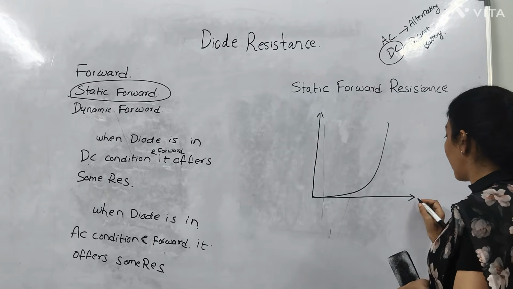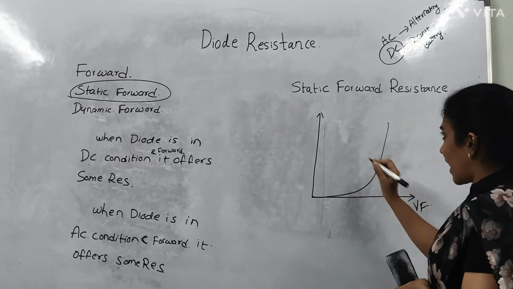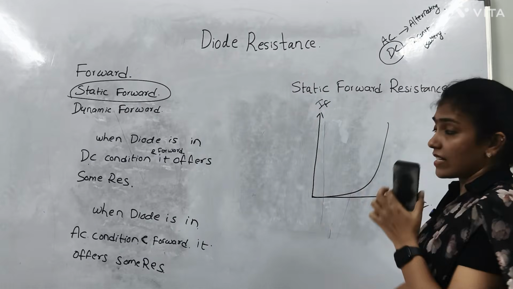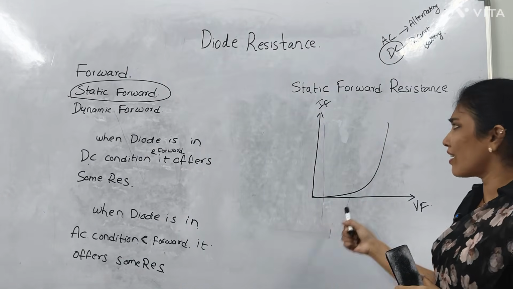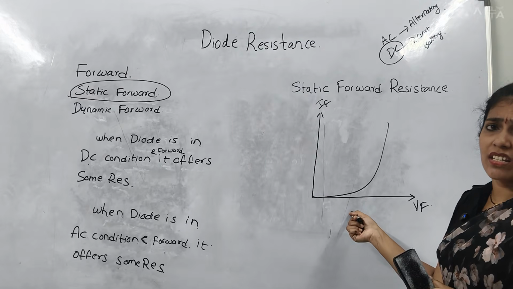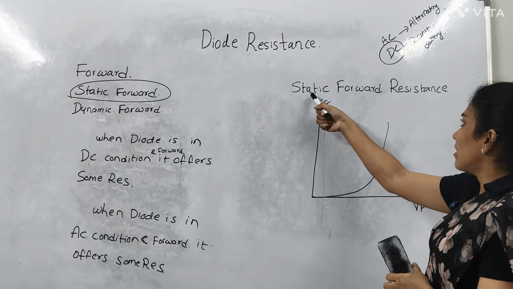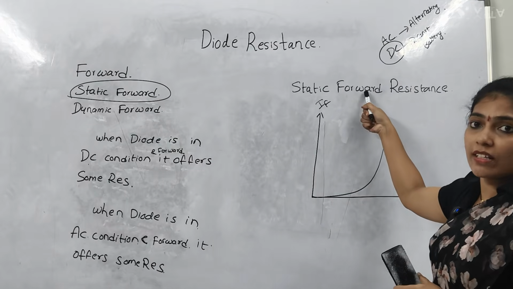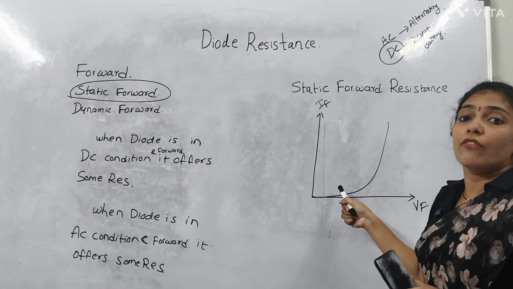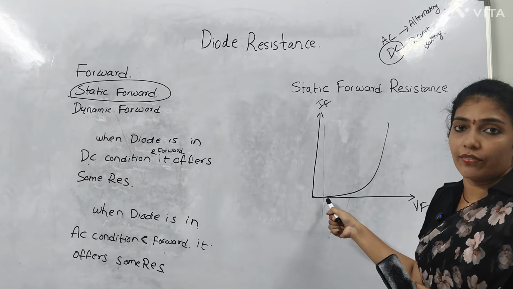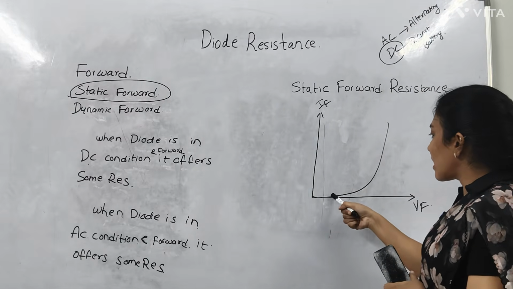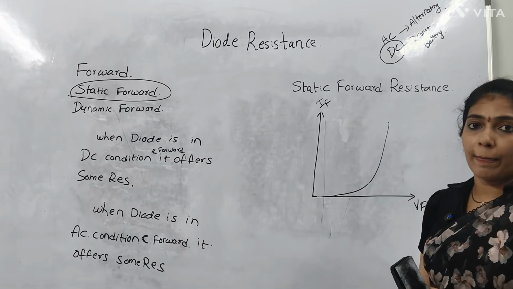This is the graph of VI characteristics when the diode is in forward bias. I am taking the forward characteristics because this is the static resistance when the diode is in forward condition. If the forward voltage increases, the current also increases.